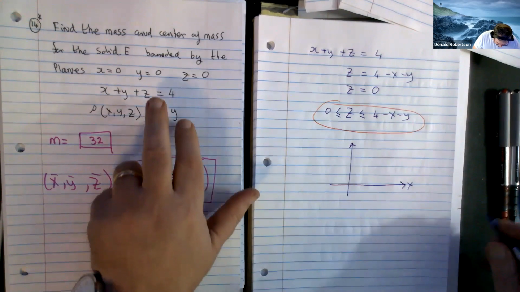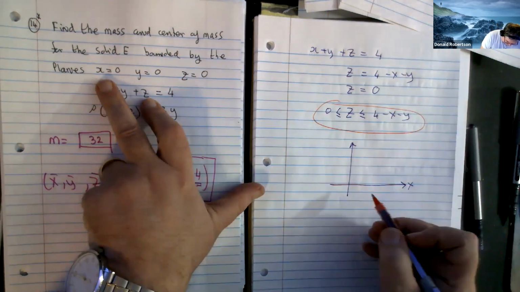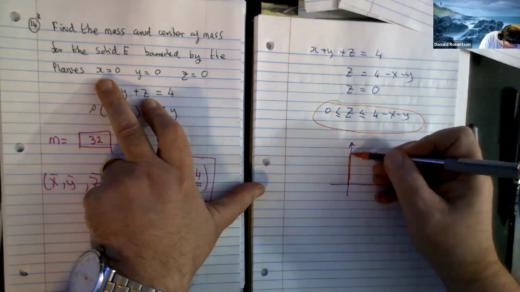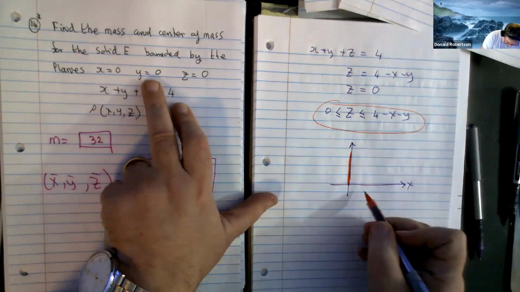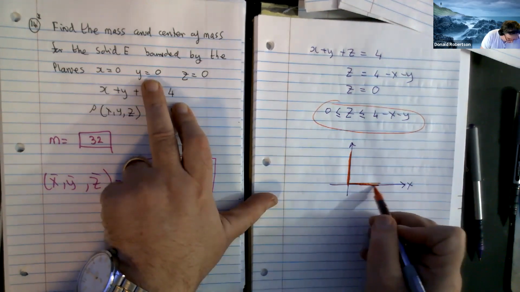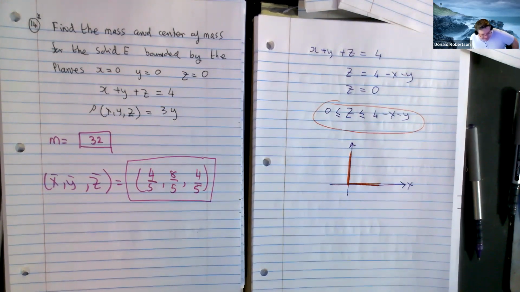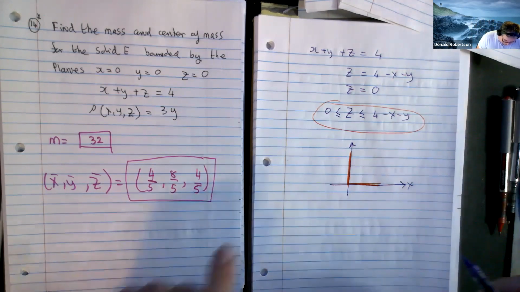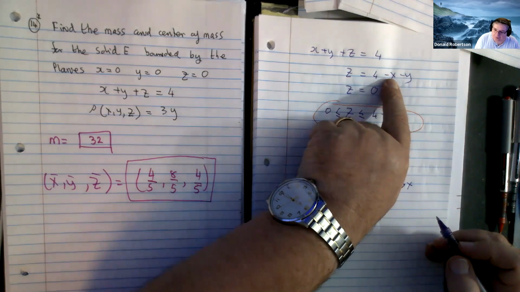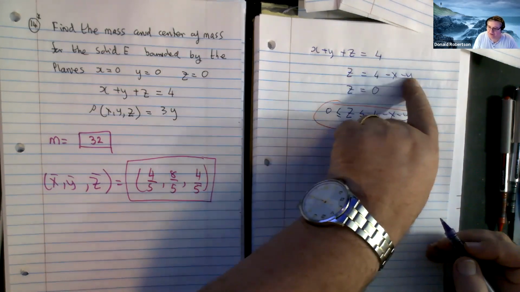And all I really know about it right now is that x is 0, which is the y-axis, and that y is 0, which is the x-axis. And that's about it. Well, we've done this a couple of times now. This piece of information here.